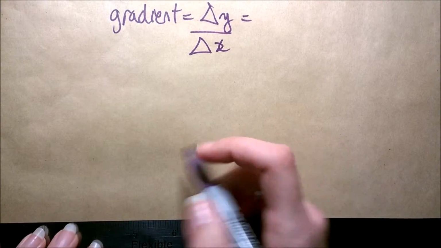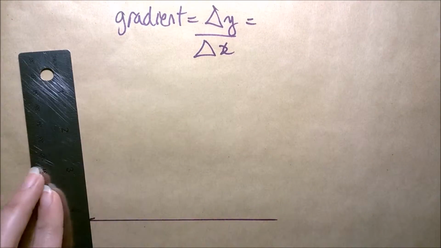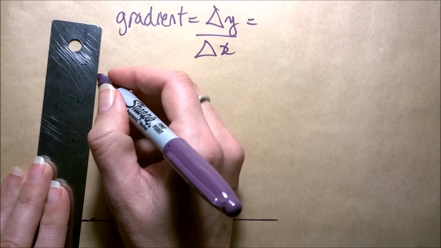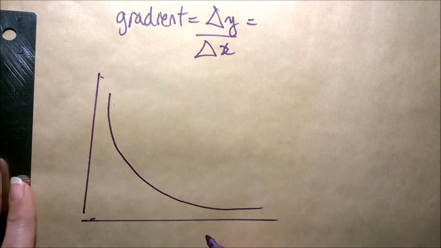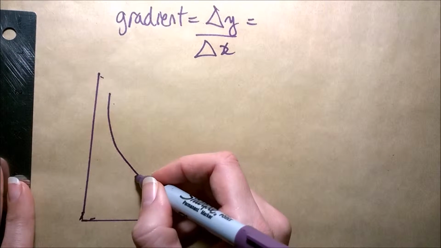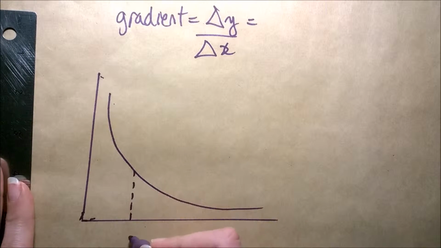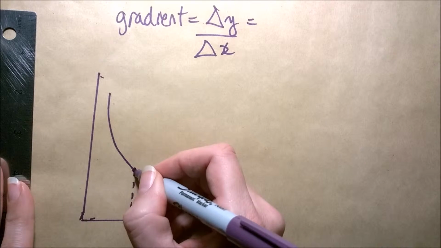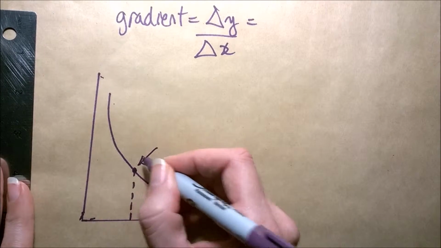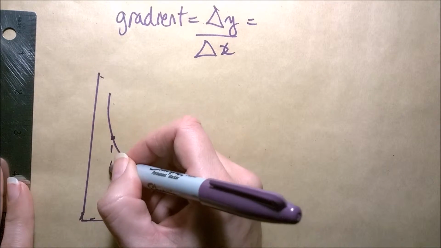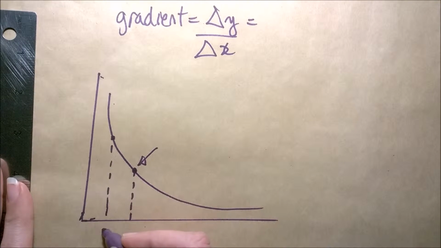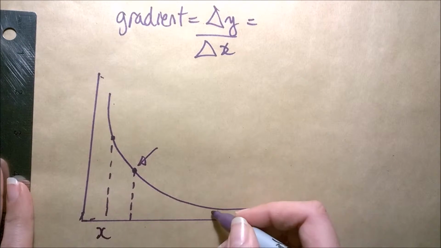So if we look at our graph, the graph looks like this. Here's the point that we want the instantaneous rate of change at. Here's a point that equals x.